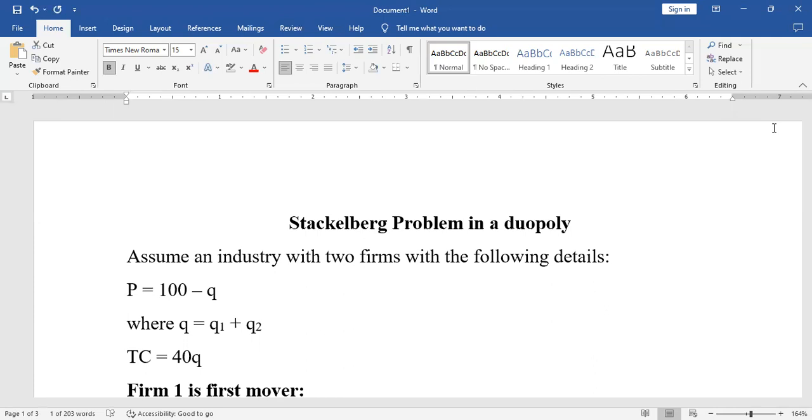I'm sure for the cartel and the quantity, we have the videos there. We can do the revision just to see the differences and the principles applied, because if we misapply the principle, then we have a problem. We might end up solving for quantity, but meanwhile we've been asked to solve for Stackelberg.